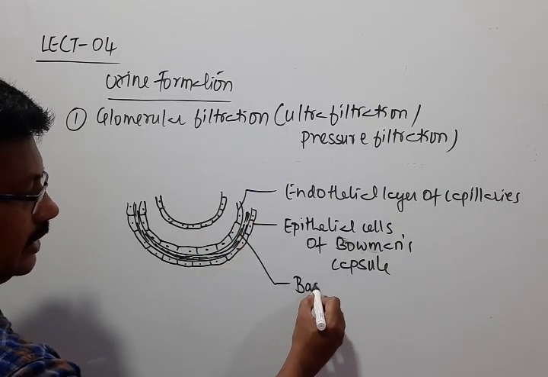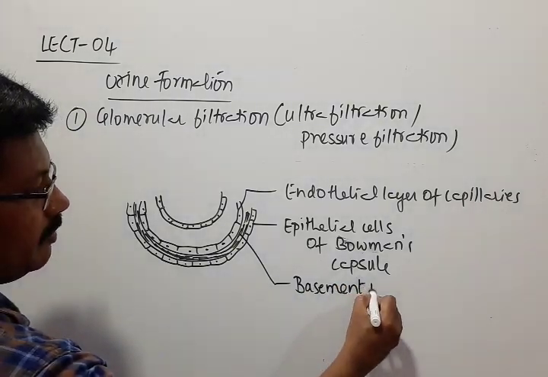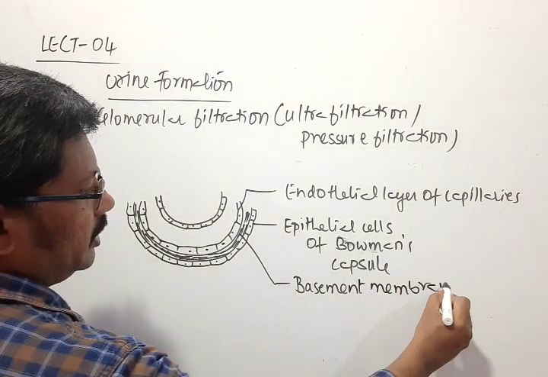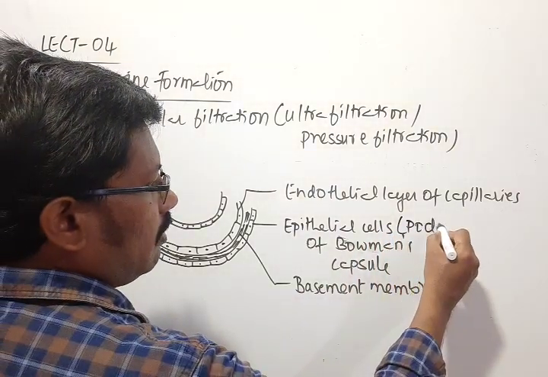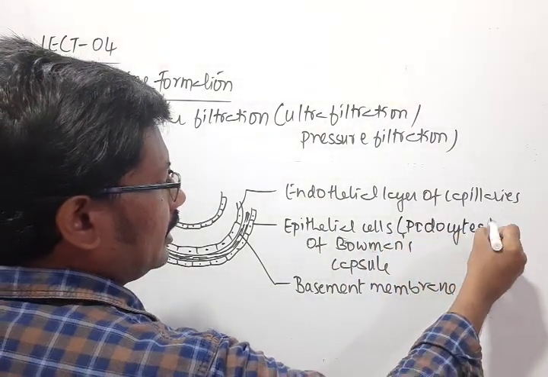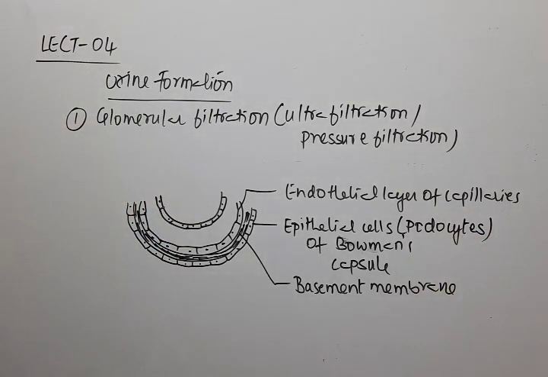We know these epithelial cells, which are called podocytes, have an arrangement of cytoplasmic processes, and between those processes small gaps are left, called filtration slits or slit pores.